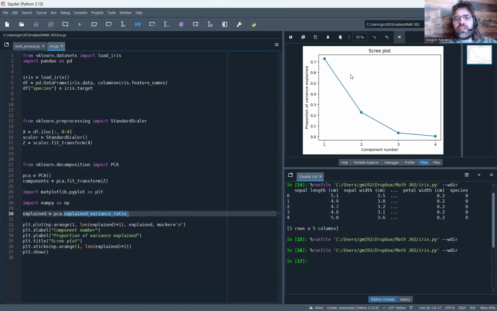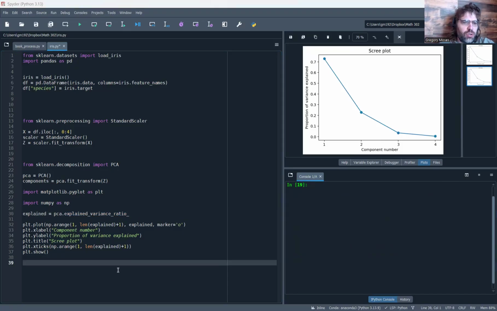And then we generate this graph. It's hard to see with only four possible components quite where an elbow would be. But one component is enough to explain over 70% of the variance. So that's a lot. And I would say that for a lot of applications, one component is probably all we need.